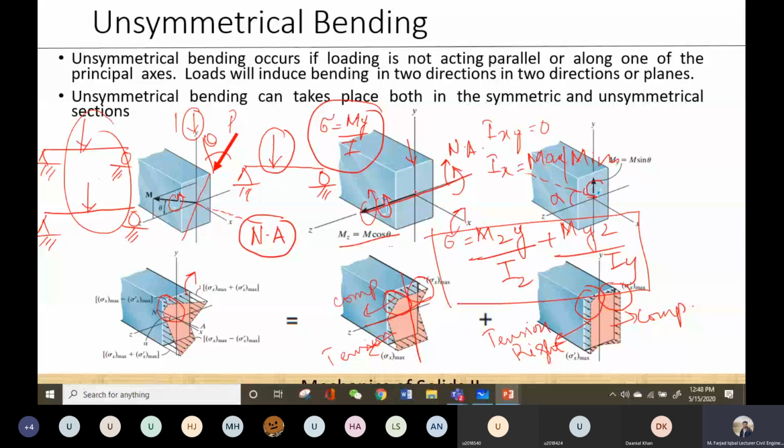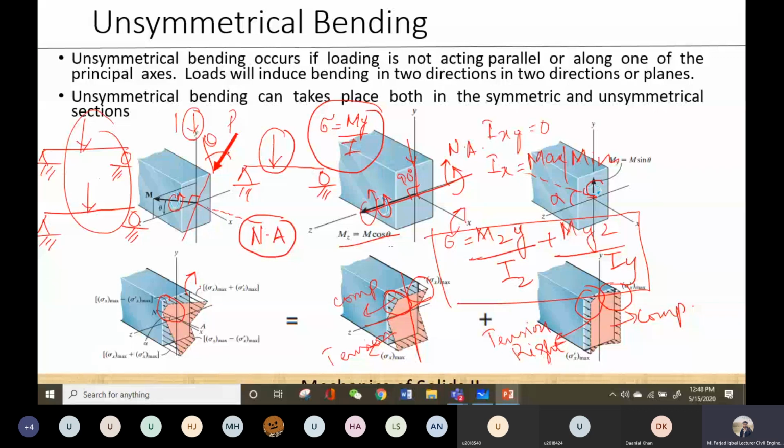By coinciding, I would say that this neutral axis is at 90 degrees to this plane of loading. But in the case of unsymmetrical bending, theoretically you can say that it is perpendicular to this plane of loading, but practically it is not exactly perpendicular.